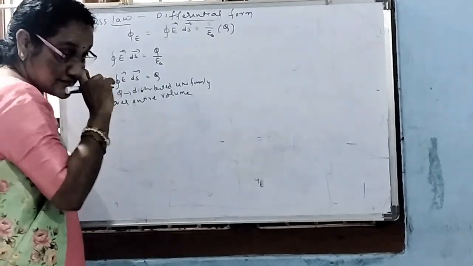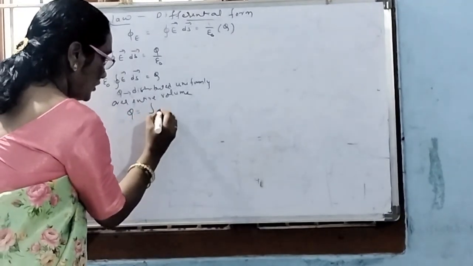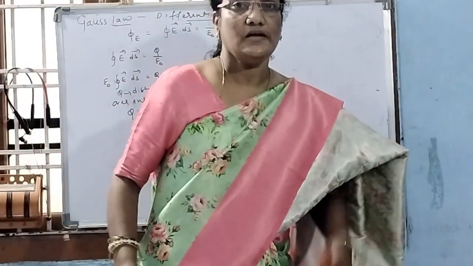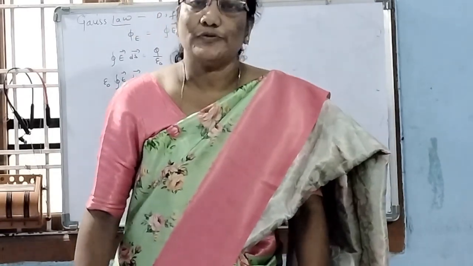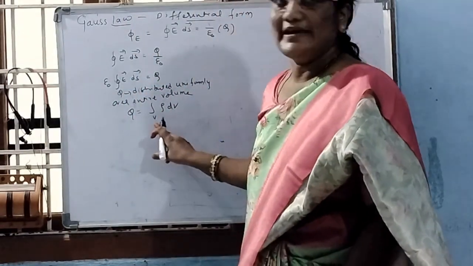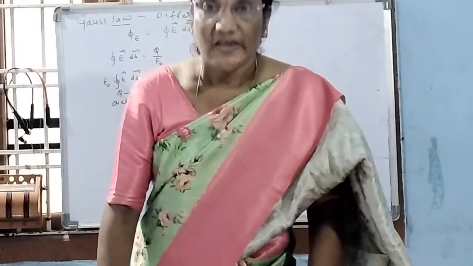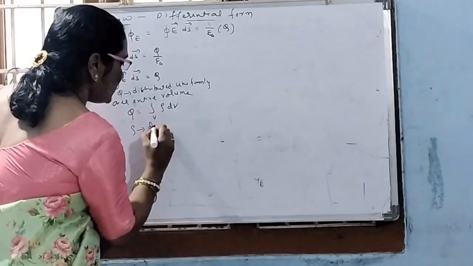then the charge Q is written as the volume integral rho dV, where rho is the density of charge, or charge density.